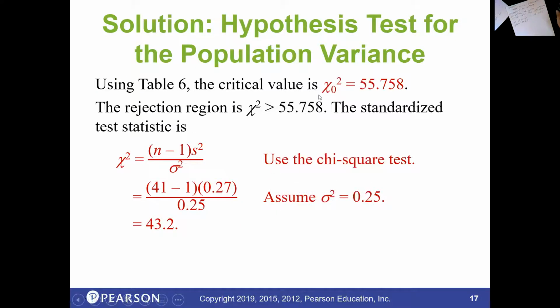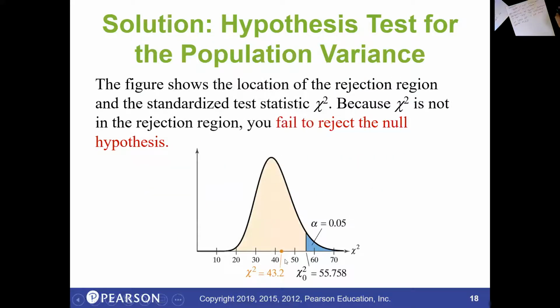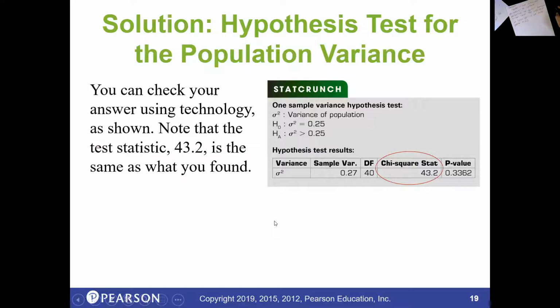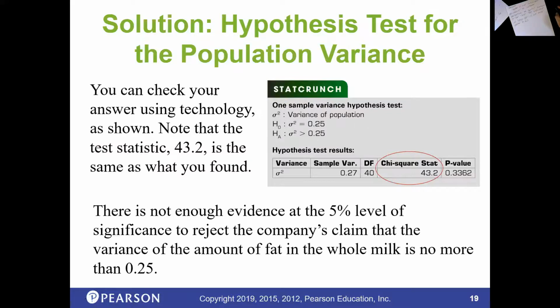We have the critical value, which was our 55.758. Compute the test statistic. Now, where I disagree with the text is you should have drawn the picture already before this. So the test statistic lands in the beige area. We fail to reject the null hypothesis. There's not enough evidence at this level to reject the company's claim.